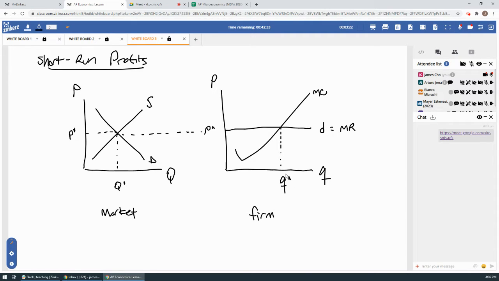To actually see the profit, we need to draw in that other graph, our ATC curve. It goes down, touches, and then starts to come up. There's our ATC.